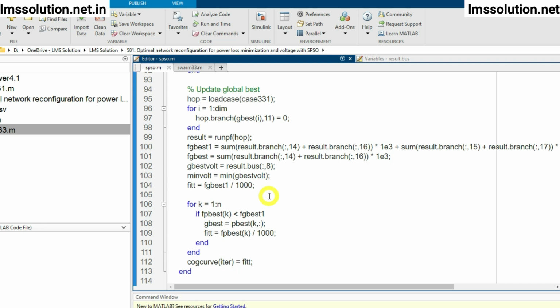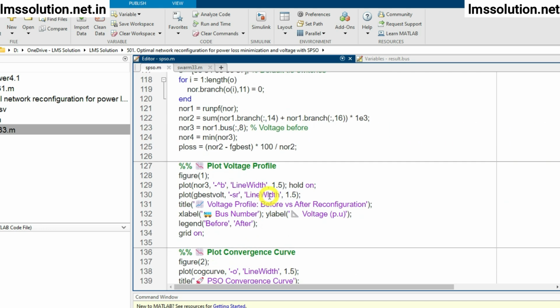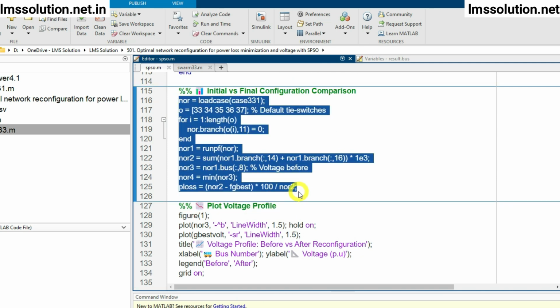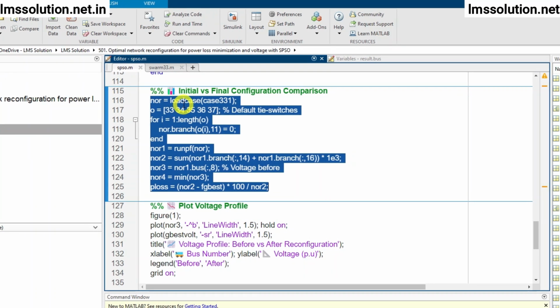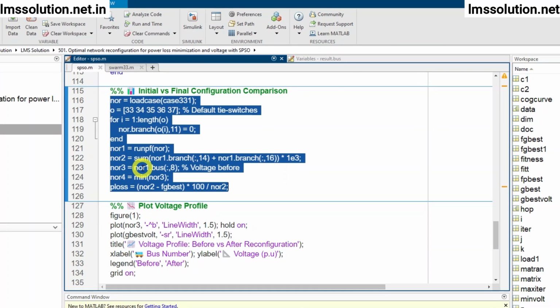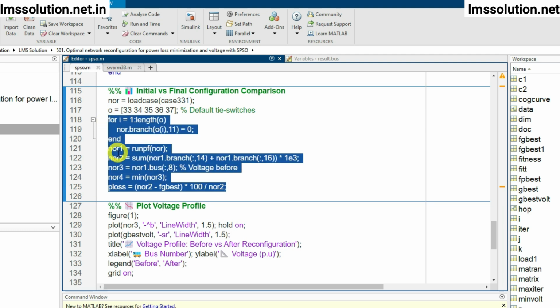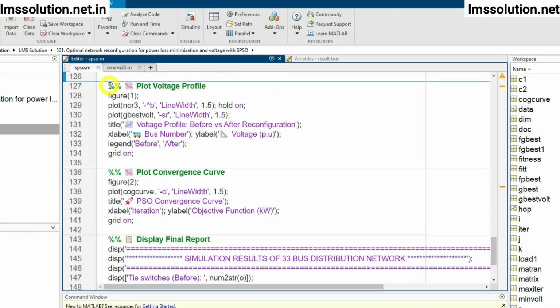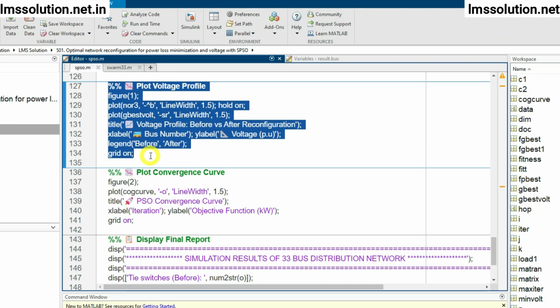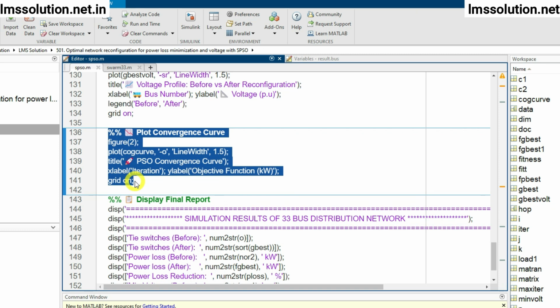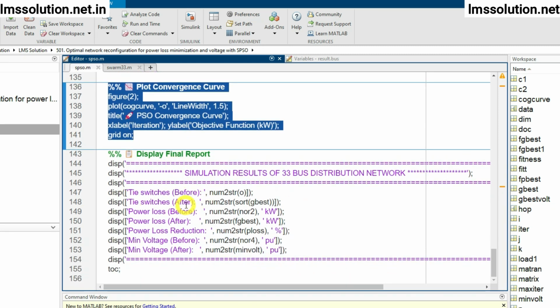Finally after executing this, we execute the normal case, that means the base case, and after that we apply the actual case details, and then we combine the plot for the base case and the optimization case, before and after reconfiguration. And then we plot the convergence, and finally we display the results.